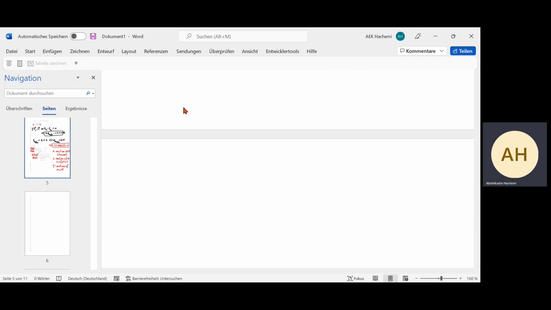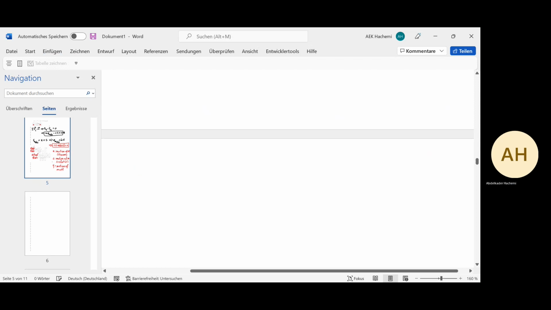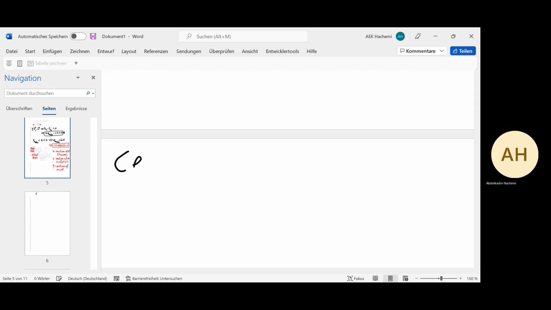Now, if we look now to the gravity center, we can write here the center of mass.